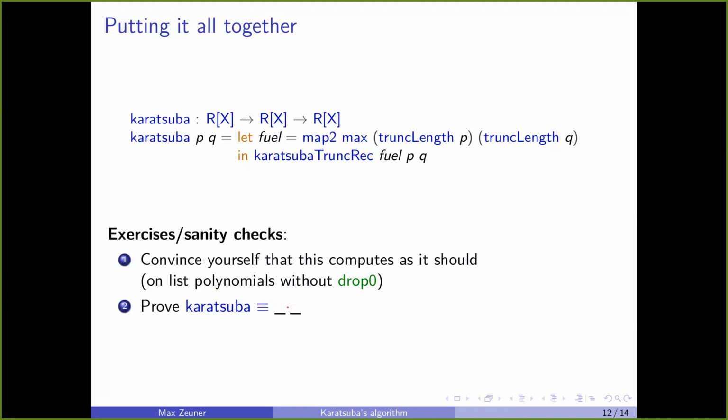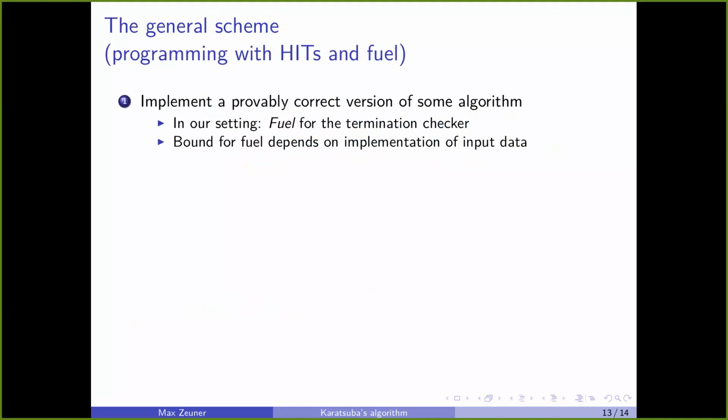And then of course something that I didn't say anything about is that, well, we did a bunch of tricky stuff, but maybe it's worth convincing ourselves that Karatsuba still is just multiplication as a function, even without the trickery with the truncation. But yeah, I'm gonna leave that as for the interested people in the audience.